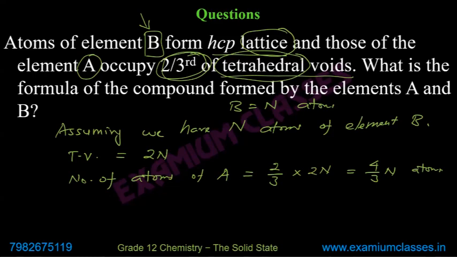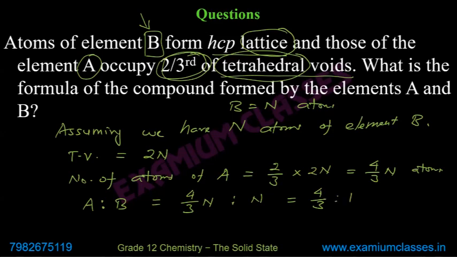The reason is you have swapped A and B. You have to write the ratio of A is to B. Formula will always be like this, A, B. So it means it will be A 4/3 n is to B, B is n. So it is 4/3 is to 1.